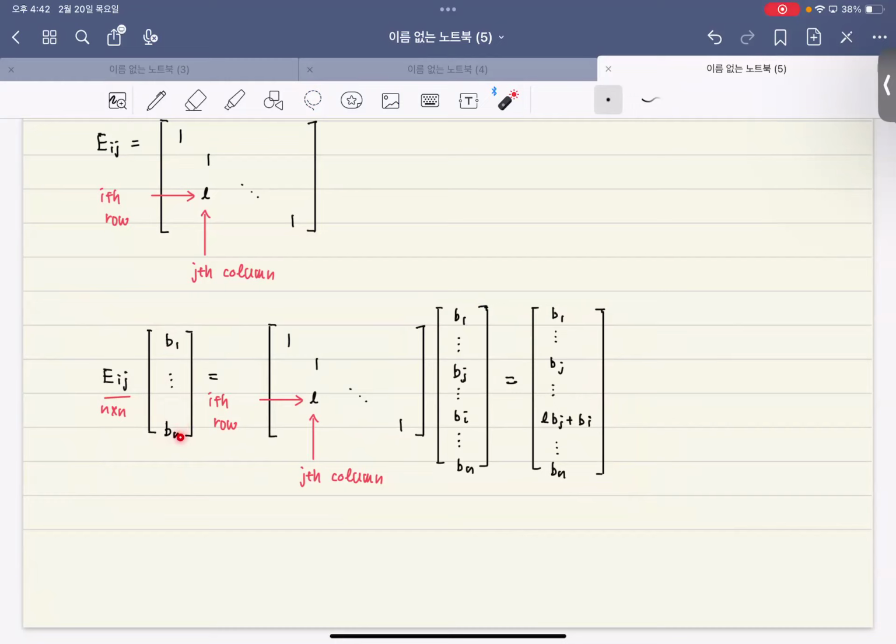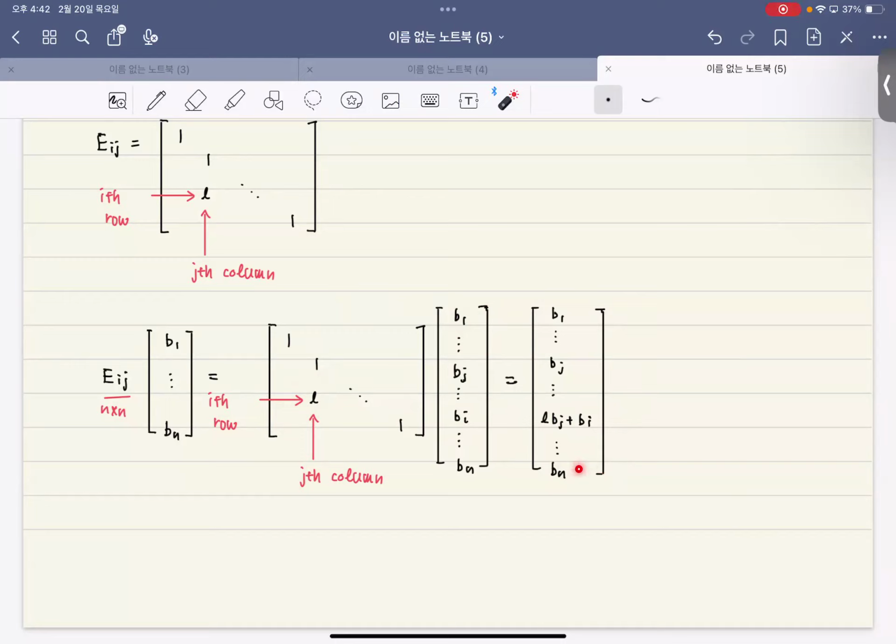Let me be a little more explicit. This is my elementary matrix, and this is the column vector, and in the i-th row and j-th column, I have some number L. What if I multiply this by this? The resulting matrix must be another column vector, right?